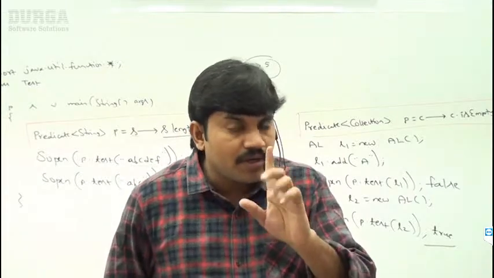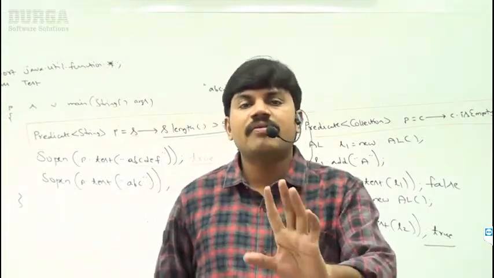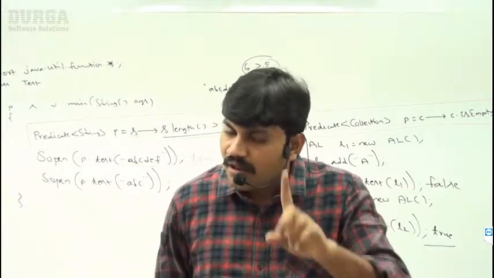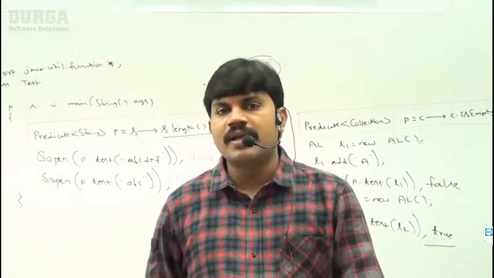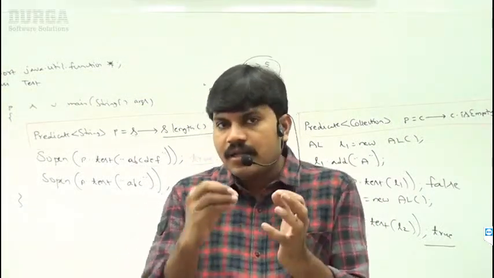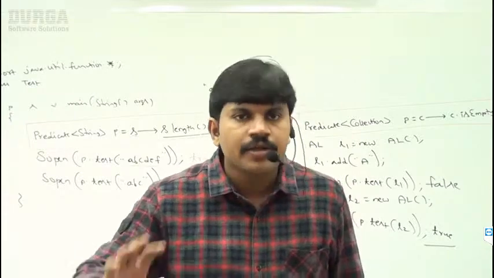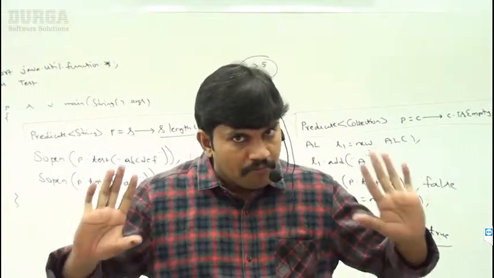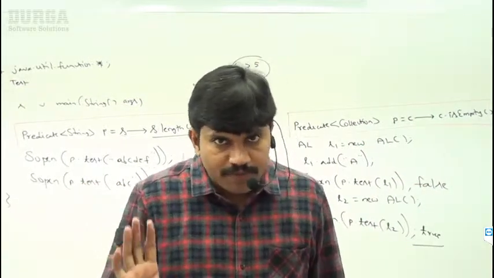One method. What is that method? The test method. What is the return type of the test method? It's always boolean. How many arguments can the test method take? Only one argument, and it performs some conditional check. Based on that conditional check, it will return true or false. So I hope everyone got the basic idea about predicates.